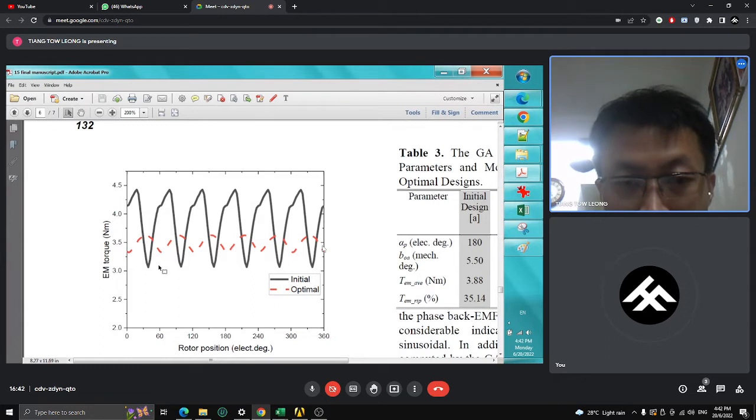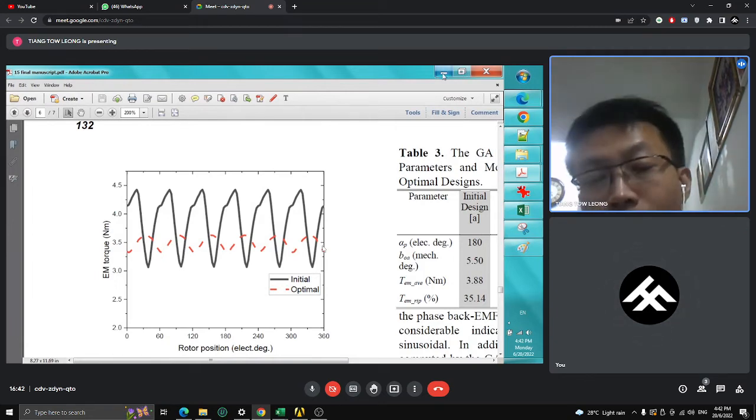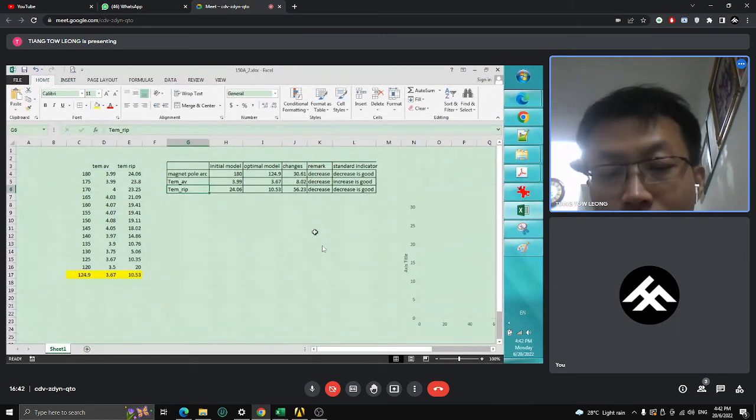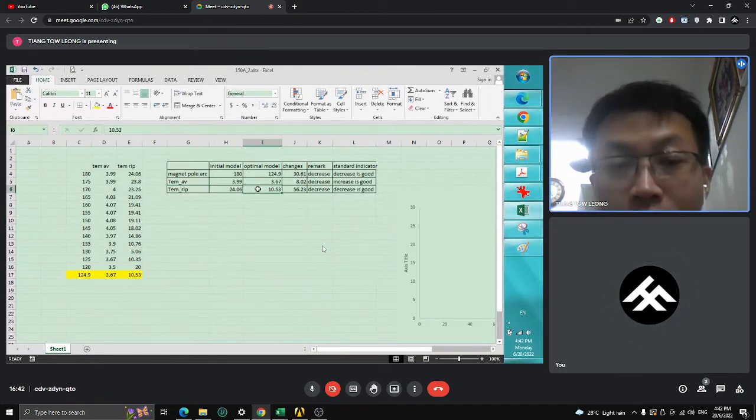Yeah. So the grey color ripple will be higher. The red color ripple will be lower, right? Okay, why is ripple not good? Ripple will increase the vibration of the motor and also decrease the performance of the motor. So we want to decrease the ripple rather than increase it. Can you understand?